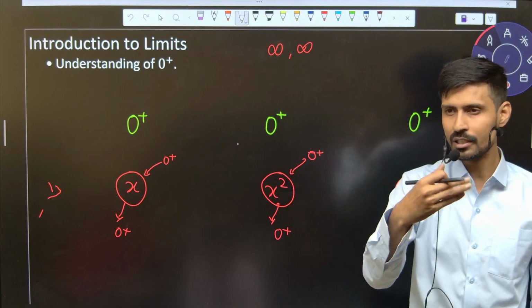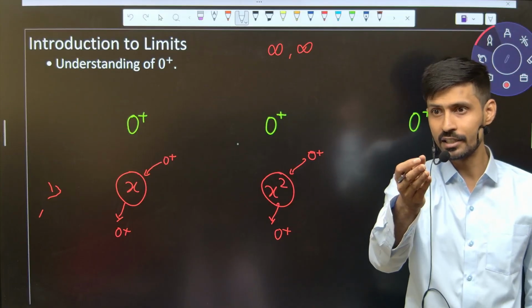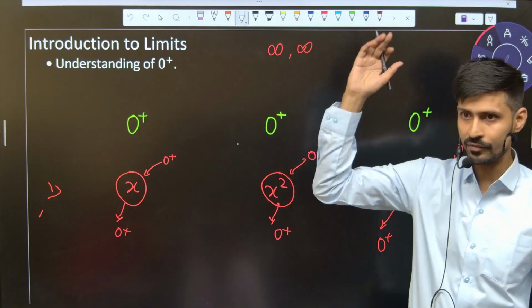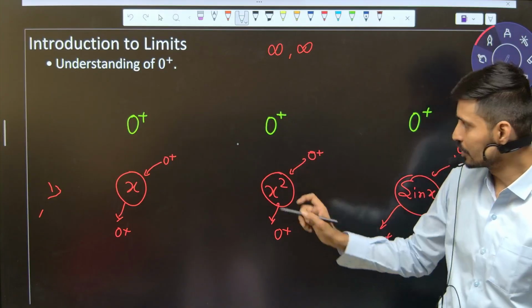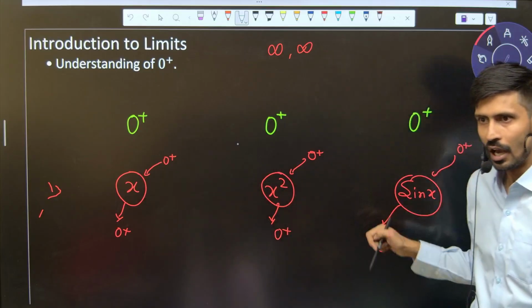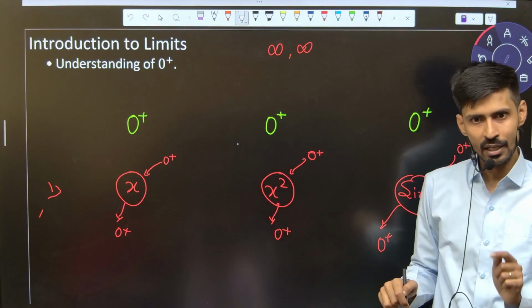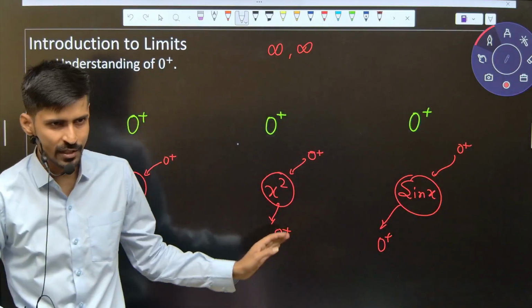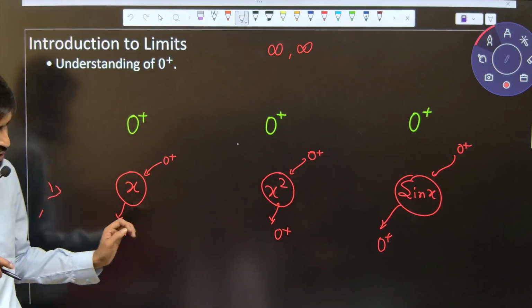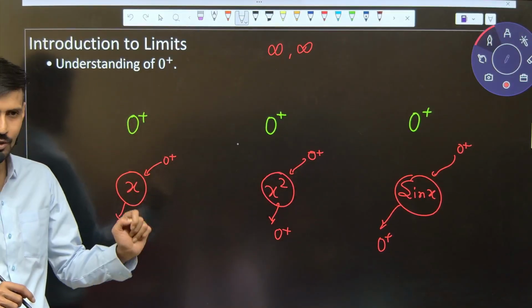But do you think both numbers are the same? Maybe he's thinking of a different big number, I am thinking of some different big number, but the representation is the same. So these outputs are all very small numbers, but the representation is the same. Here also we are saying 0 plus, here also 0 plus, here also 0 plus. But actually, all three 0 plus are not the same.